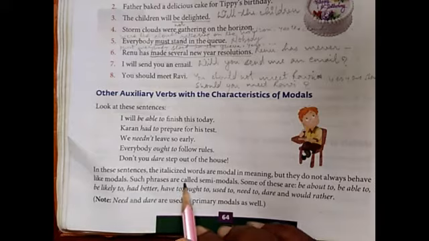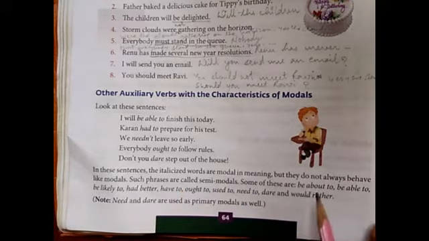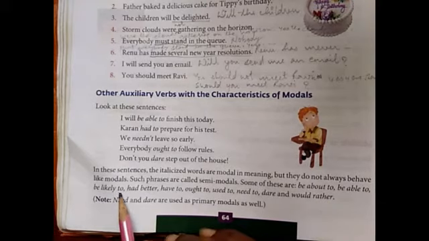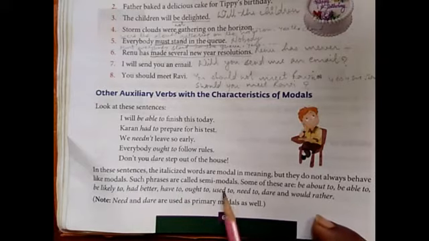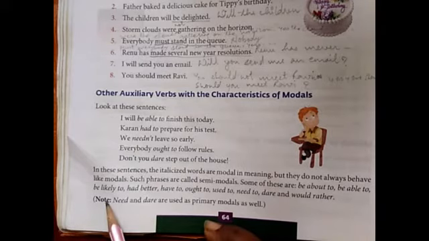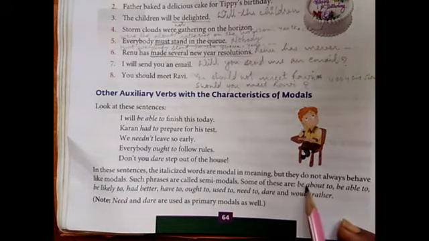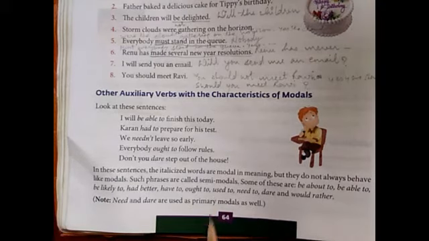Such phrases are called semi-modals. Some of these are be about to, be able to, be likely to, had better, have to, ought to, used to, need to, dare, and would rather. See, need and dare are used as primary modals as well. So, these are the semi-modals.